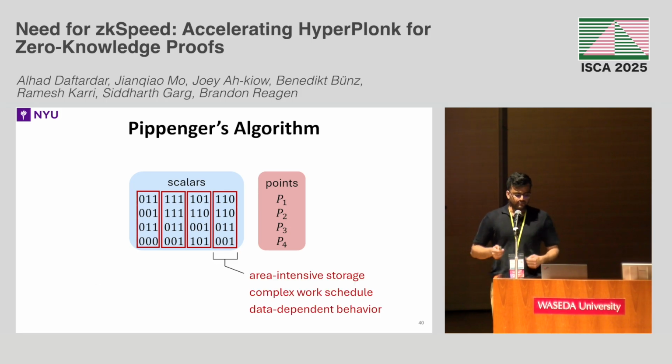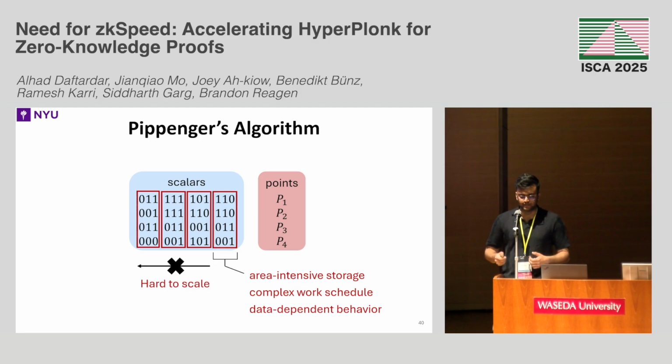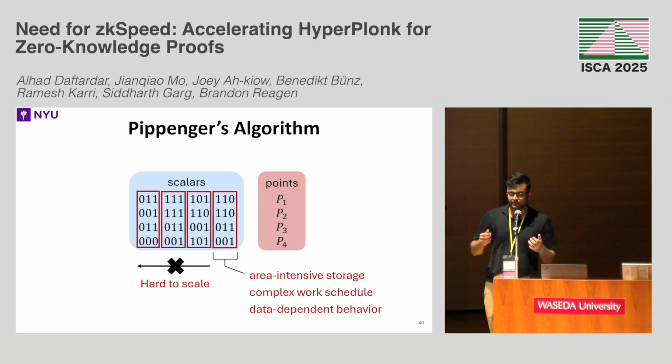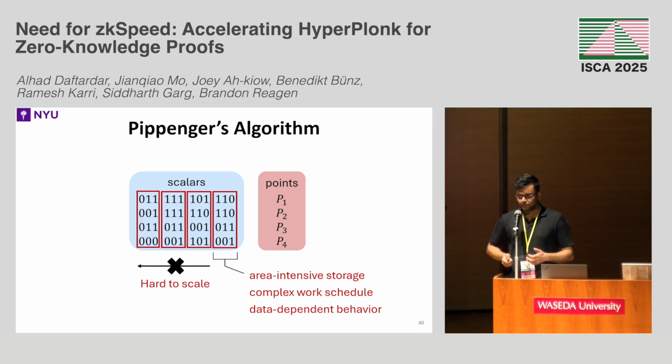The challenge is that in prior ASICs, there have been three main challenges. For one, there's very high area overhead for storing the points, needed to support dynamic control logic to keep your pipelines fully fed. On top of that, there's a lot of data-dependent behavior, which limits scalability because of memory contention during parallel memory accesses. As a consequence, it's very hard to scale these existing ASICs.